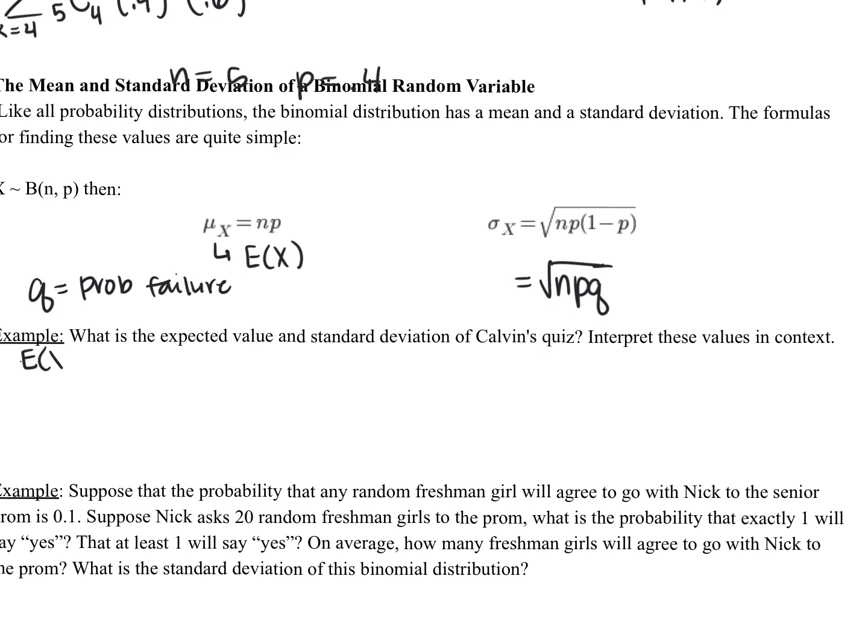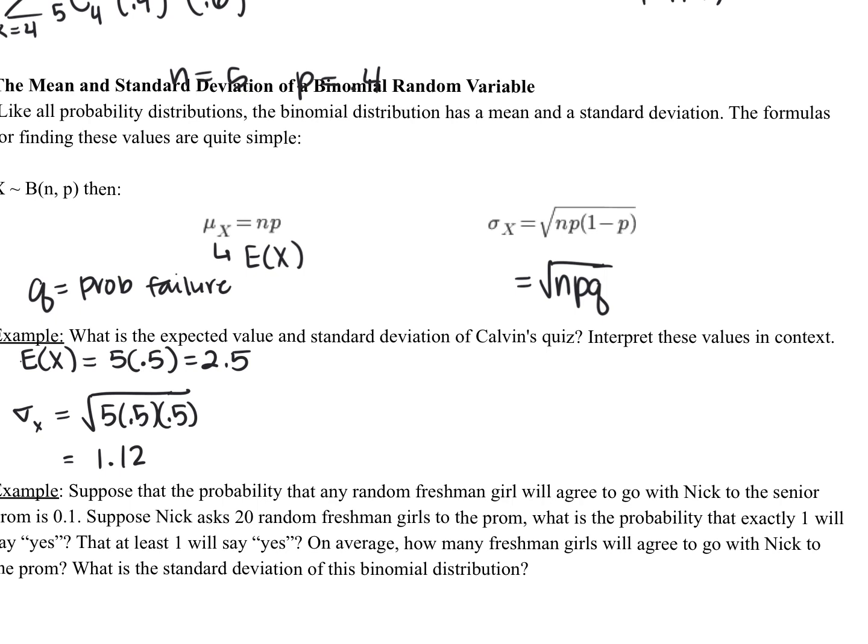So E of x is going to be n, which is 5, times 0.5, which is 2.5. Our standard deviation of x is going to be the square root of 5 times 0.5 times 0.5, which is going to give us 1.12.